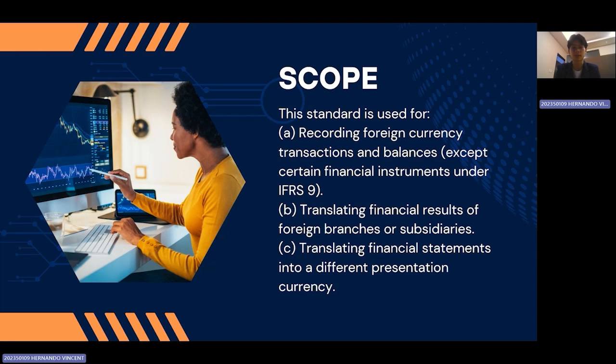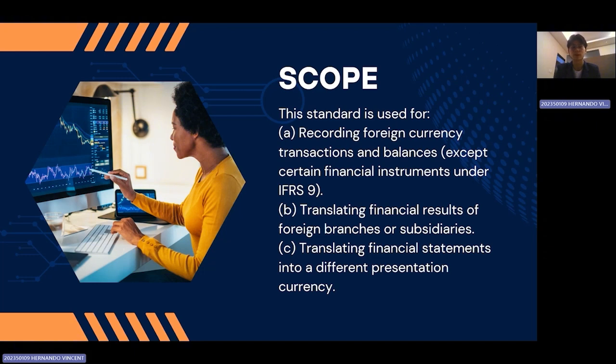This is especially relevant for multinational corporations that operate in several countries and need to consolidate financial information into a single unified report. Third, the standard applies when a company chooses to present its financial statements in a currency other than its functional currency.